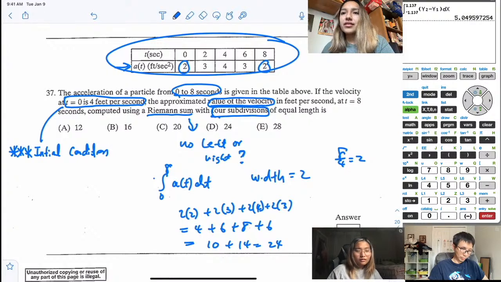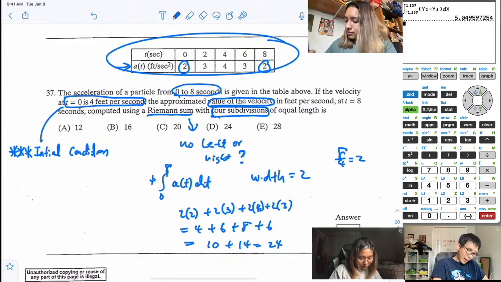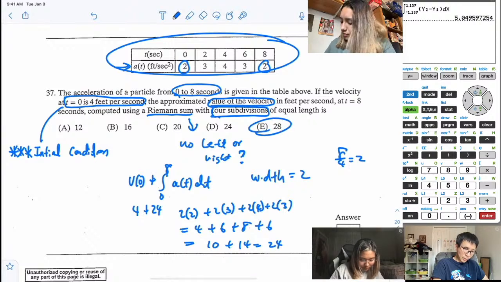Initial condition. Right. What's the initial condition? That is t equals 0, 4 feet per second. Yeah, so here you should add the initial condition. Add 4. So it'd be 4 plus 24. So the answer is 28.